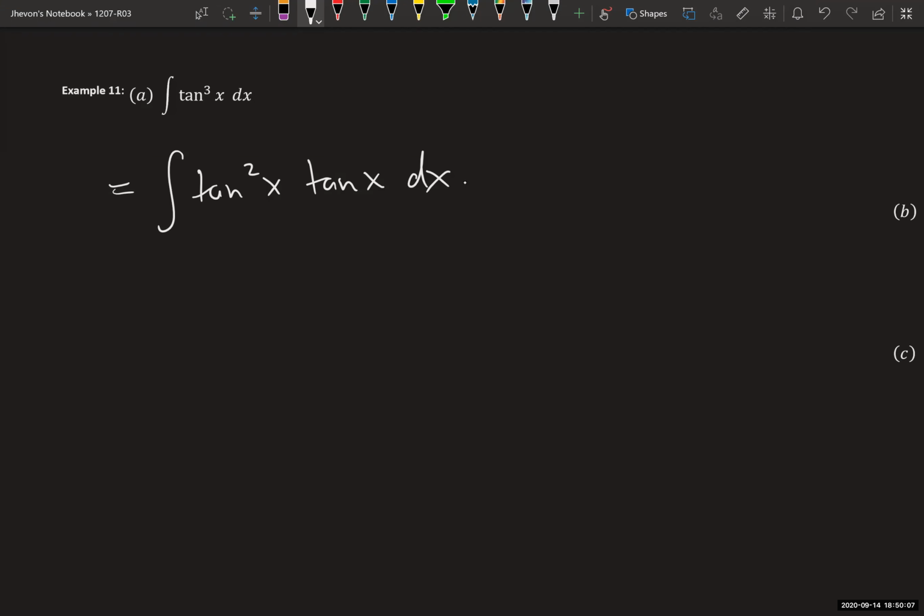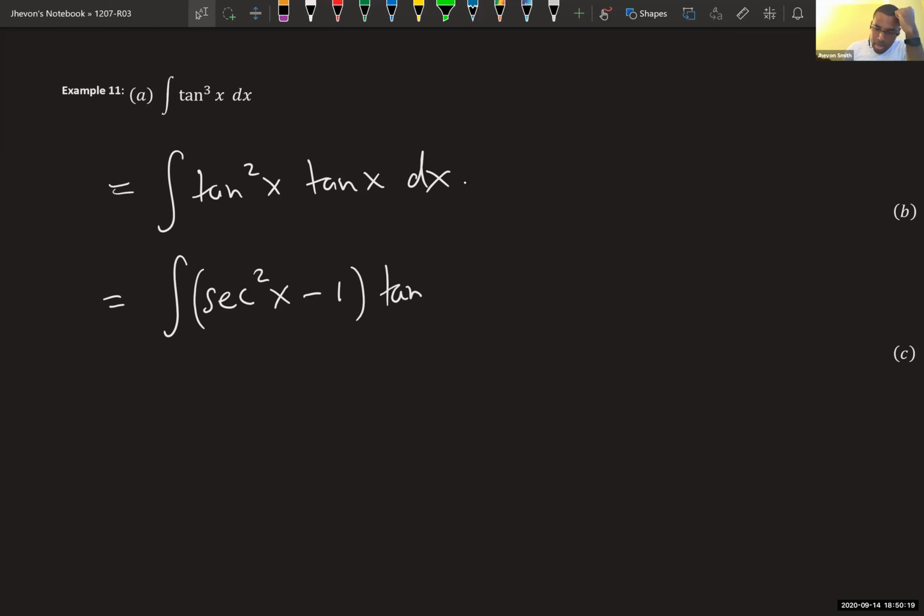Can you replace tan squared x with secant squared x minus 1? That sounds interesting, especially since we know that if we took the tan x as the u, the secant squared is going to be our du. So that might be a promising leap.